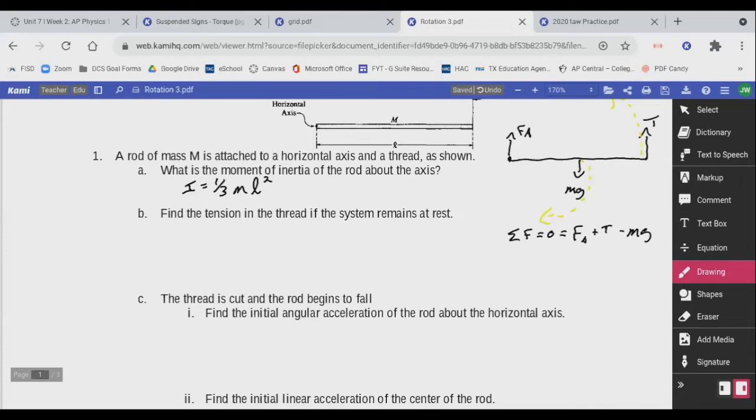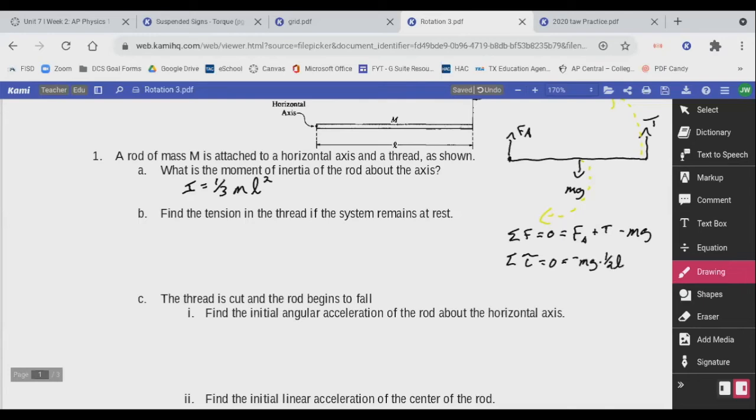it through. And then for torque, our summation for torque would equal 0 because it's not rotating. And then here, mg wants it to go counterclockwise. So I could call that negative if I wanted to. So I would say, okay, what if that is negative mg times 1/2 of the length?